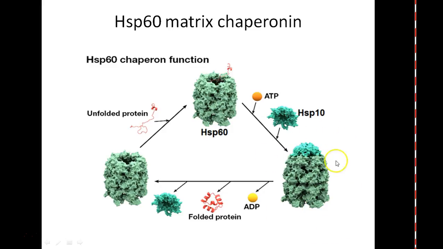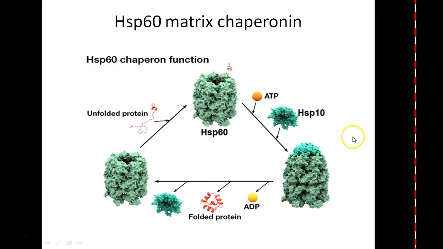So this whole structure will use ATP energy, do its magic, unfold and refold this peptide several times, and then finally release the fully folded protein. And then it will disassemble and can do the cycle all over again.